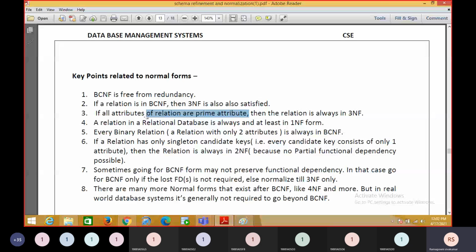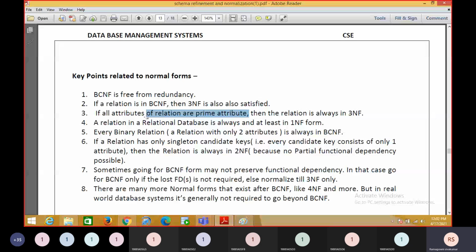A binary relation, a relation with only two attributes, like student ID and student name, is always in BCNF.